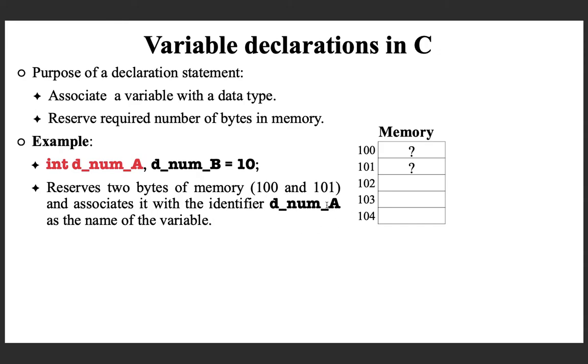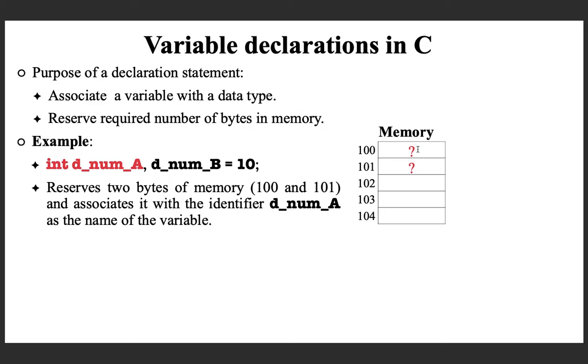So it is reserving 2 bytes, and these 2 bytes are given a name, and that is what a variable declaration is doing in a C program. Note that we just declared and reserved 2 bytes, but nothing is assigned to the memory. So we don't know what value it is representing.